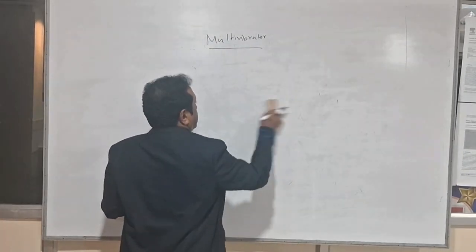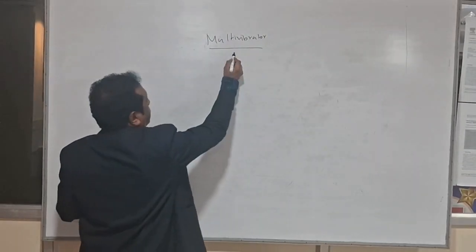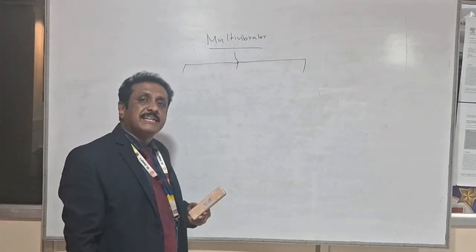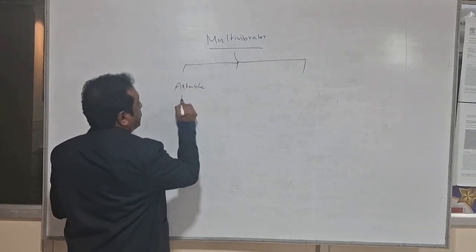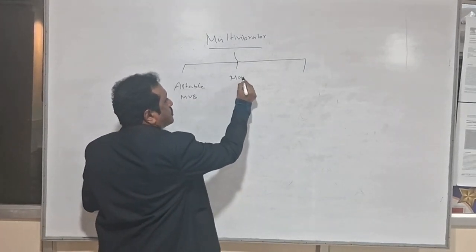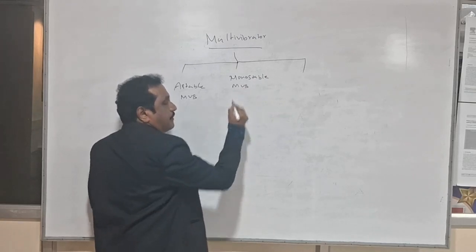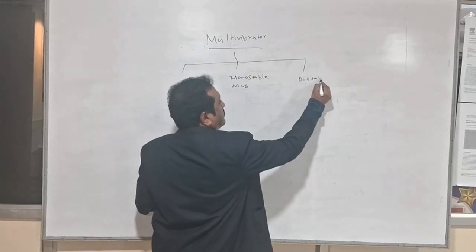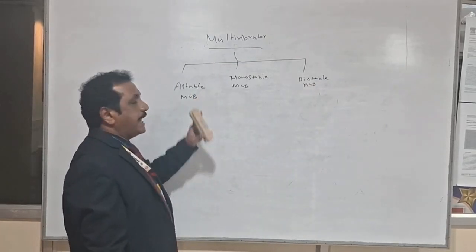Based on the stable and quasi-stable states, multivibrators are broadly classified into three types. The first one, the astable multivibrator, the second one, the monostable multivibrator, and the last one, the bistable multivibrator.